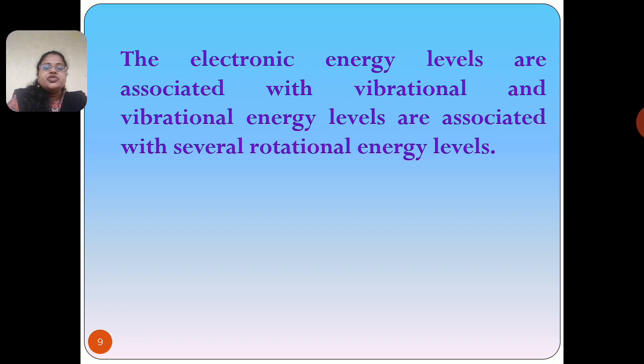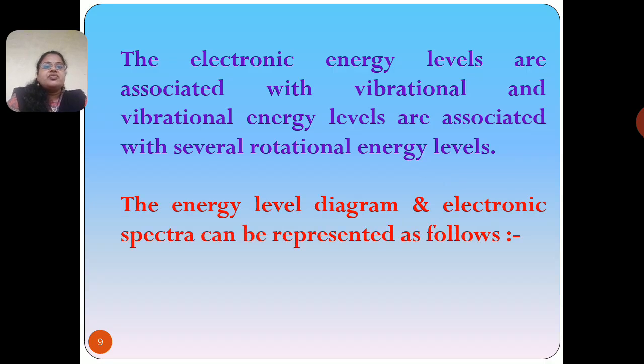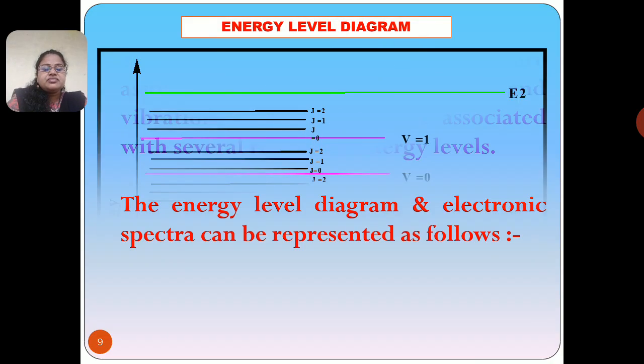Now we should know that the electronic energy levels are associated with vibrational energy levels, and the vibrational energy levels are associated with several rotational energy levels. In the next slide I am going to show you the energy level diagram.